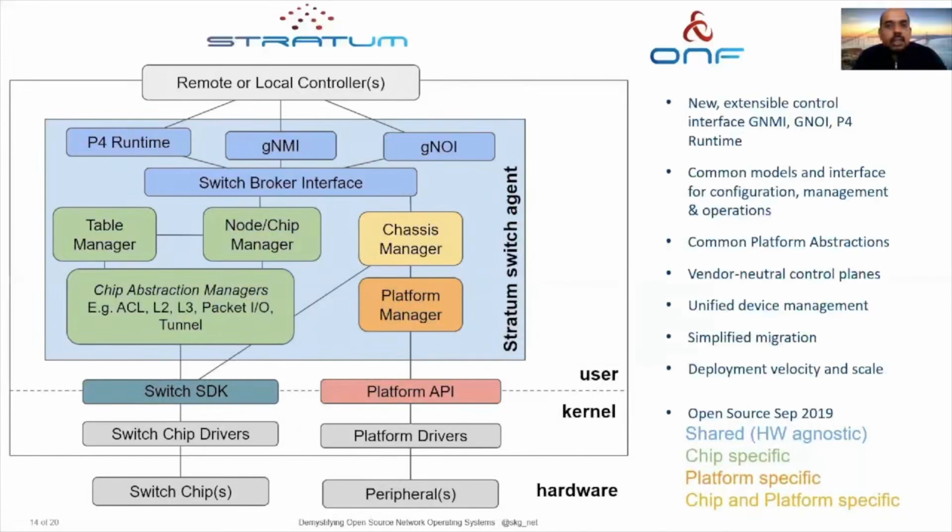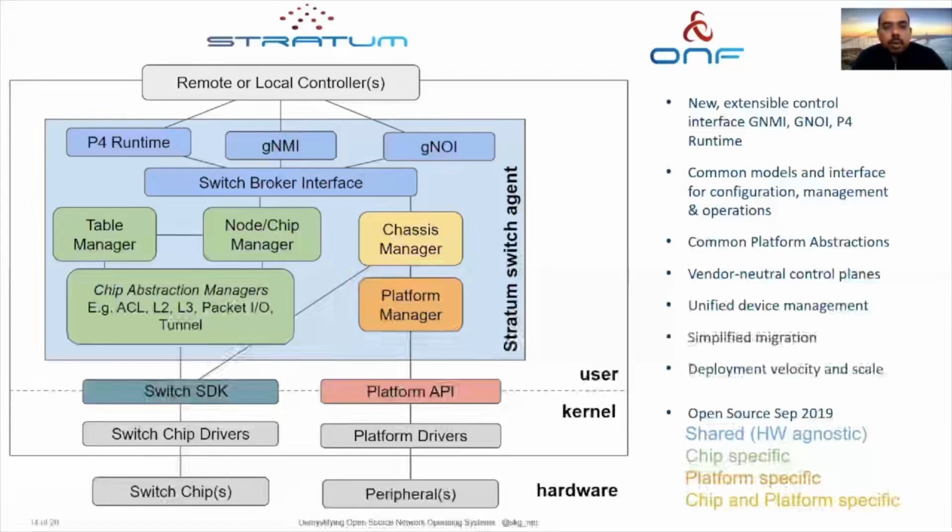Stratum defines three sets of standard and extensible APIs: gNMI, gNOI, and P4 Runtime APIs. gNMI provides a standard OpenConfig-based network management interface to provision the network operating system. gNOI defines a set of standards for network operation interface to manage the device. And the P4 Runtime API provides a standard API to dynamically reprogram your switching ASIC pipeline.